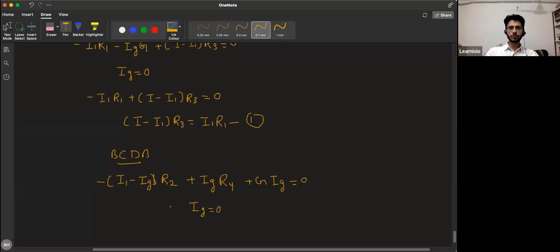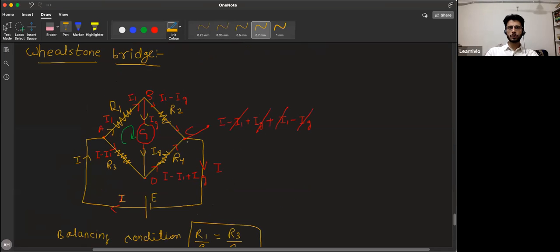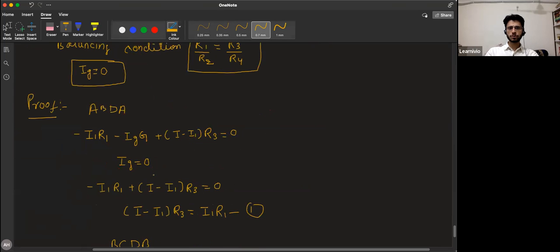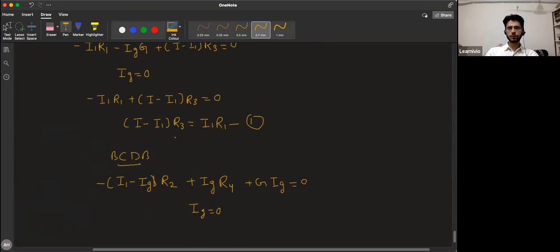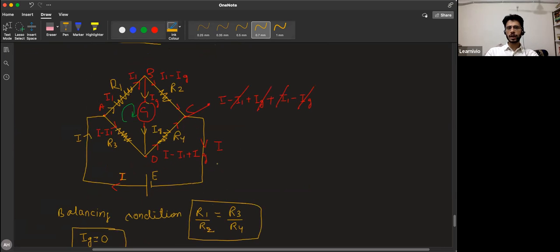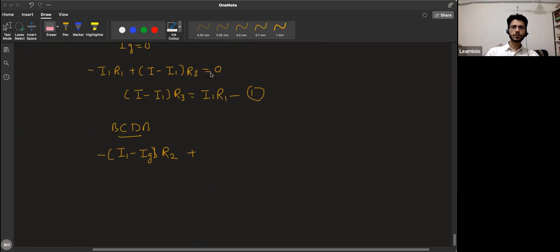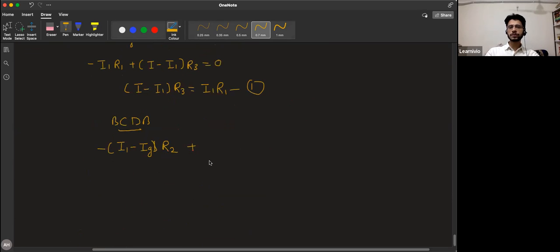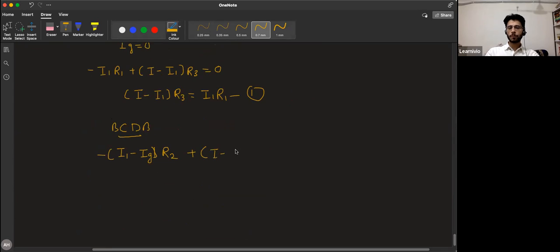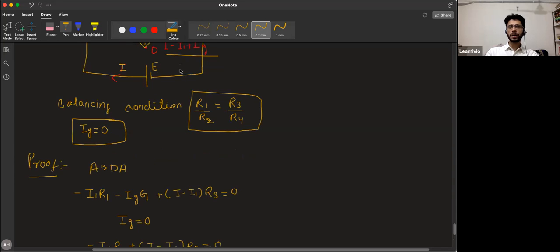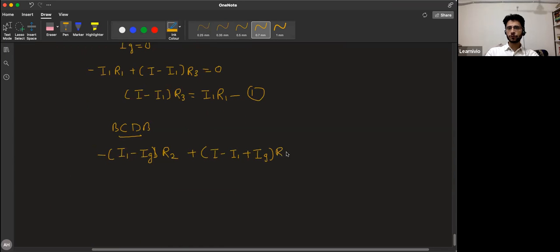I made some mistake somewhere. Let's check. When we go from B to C, this is I1 minus Ig, so it's I1 minus Ig R2, it's fine. When we go from C to D, this is I minus I1 plus Ig, so it's plus I minus I1 plus Ig multiplied by resistance R4.